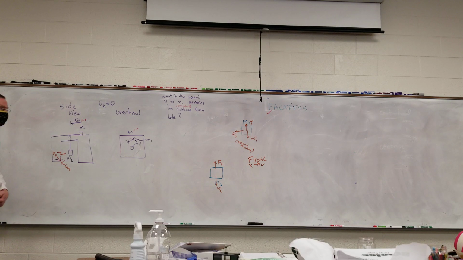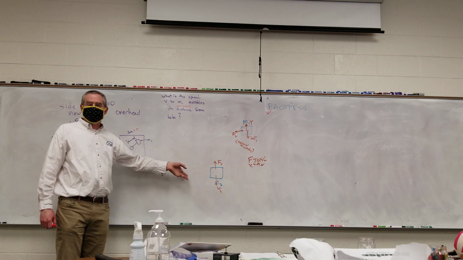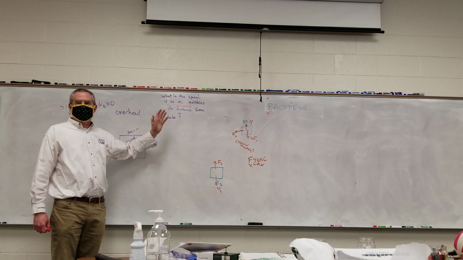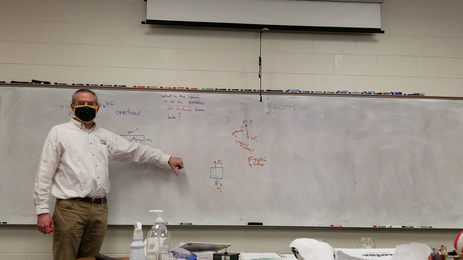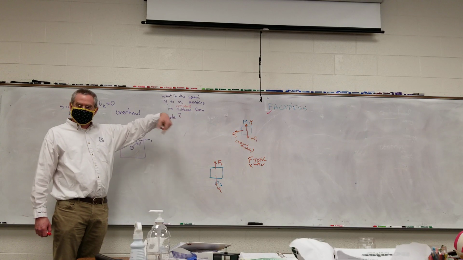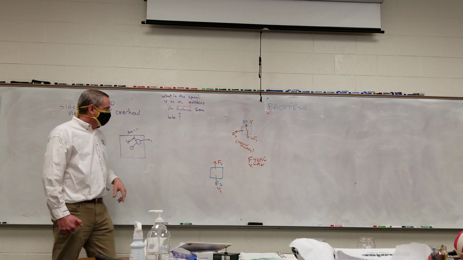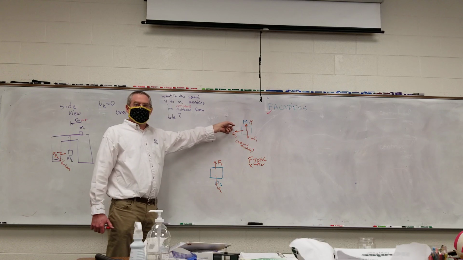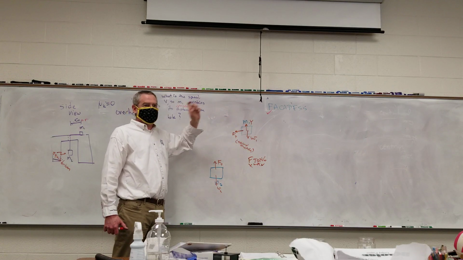Absolutely. So we can choose our positive direction any way we want. It has absolutely no bearing if we choose it up or down. It doesn't have to match the mass that's swinging in a circle.